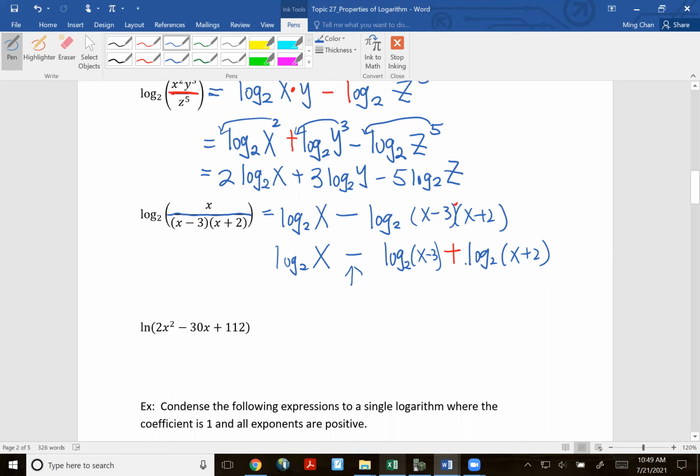So right now, by having a plus sign right here, literally, this thing is saying log with the base 2 of x divided by x minus 3, plus means times x plus 2. If I condense them back, it actually means this. That actually put the x plus 2 on the numerator, not belong to the denominator.